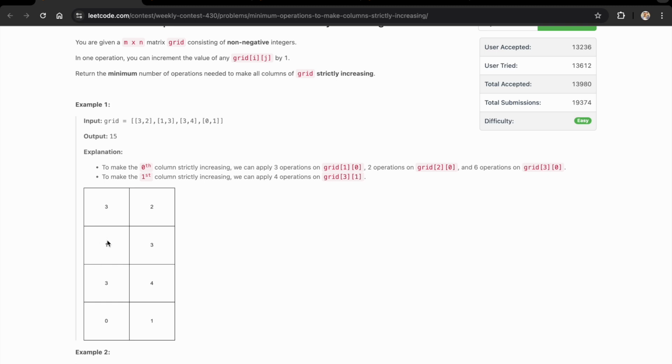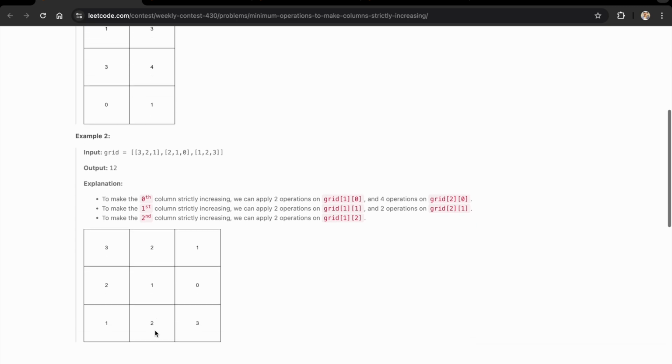Now it is 4 and we have a 3, so we need 2 more operations to make it 4... If we have a 4 here, then we need to make it 5, and if we make it 5, then we need to make it 6. If we start with 2, then it is 3, then 4, which is fine, but that one needs to be 5.